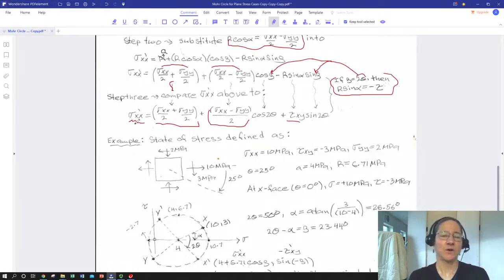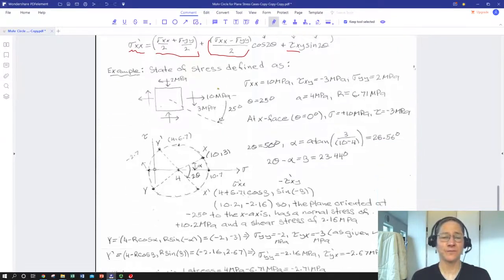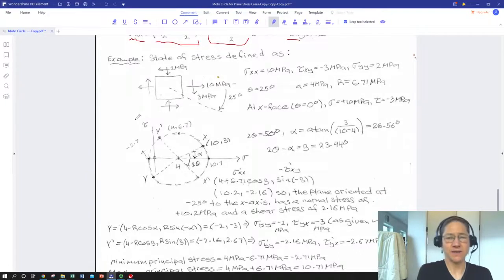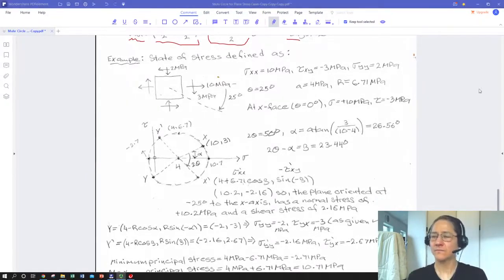So if we want to know the normal stress on any tilted plane, tilted at an angle theta, we can use this expression, and it's going to make a lot of sense when we go to plot things on our Mohr circle. So let's use an example here really quick to show how that works. Okay, so we've got a body here, and we've defined the x and y axes like this.